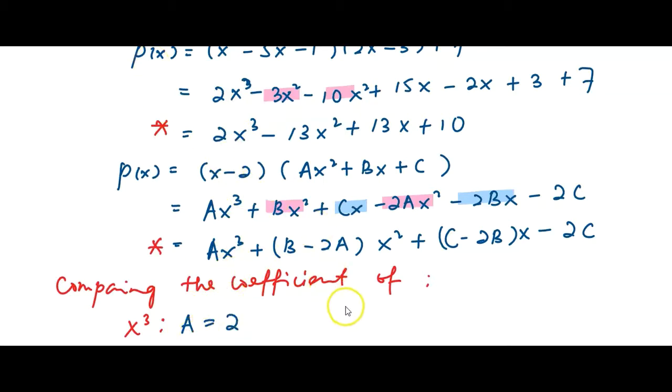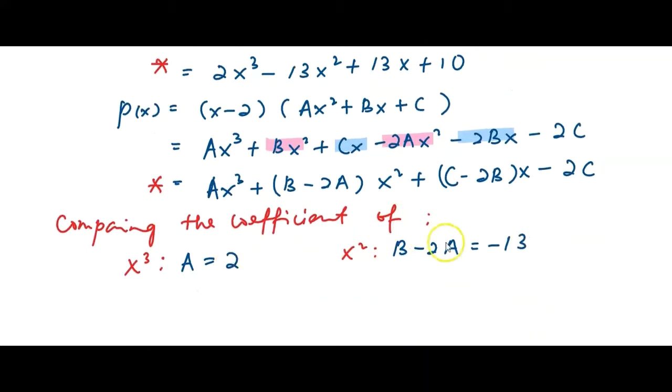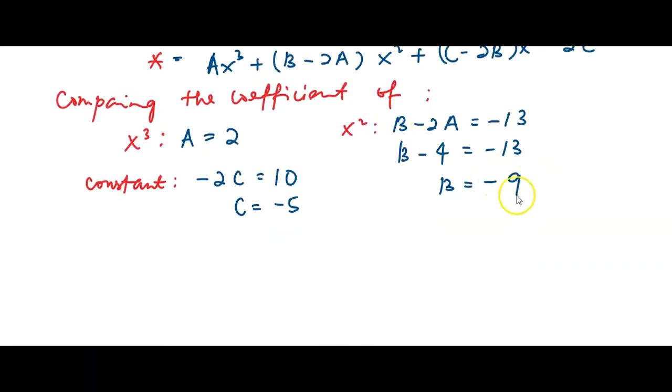To get b, I'm going to compare the coefficient of the x squared, where the coefficient of x squared for this expression is b minus 2a. So b minus 2a will be equated to negative 13. Solve for b by substituting a as 2. I got 2 multiplied by 2, that will be 4, so b minus 4 equals negative 13. So b will be equal to negative 9.